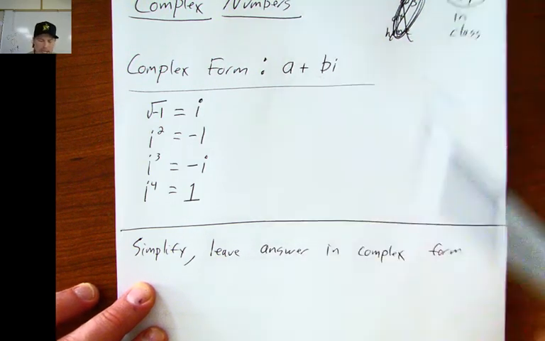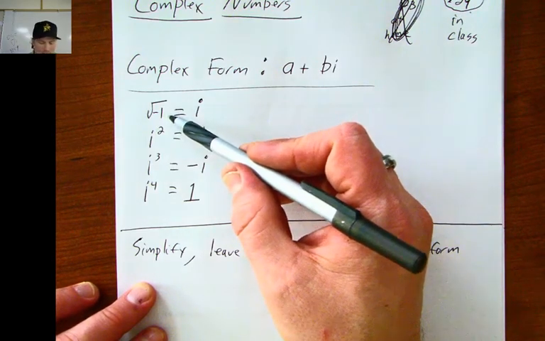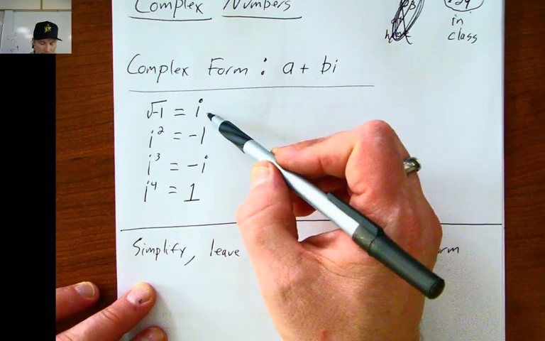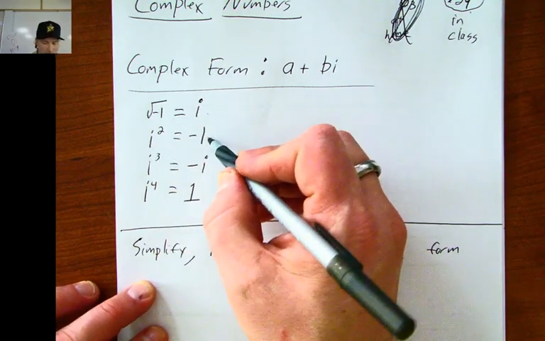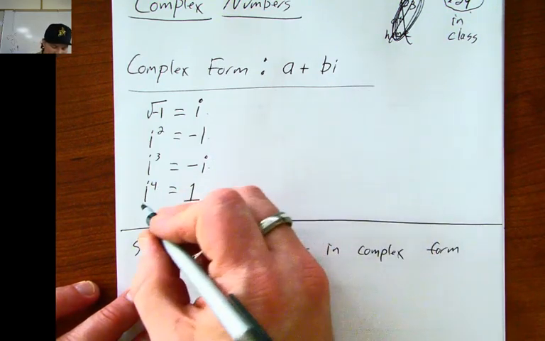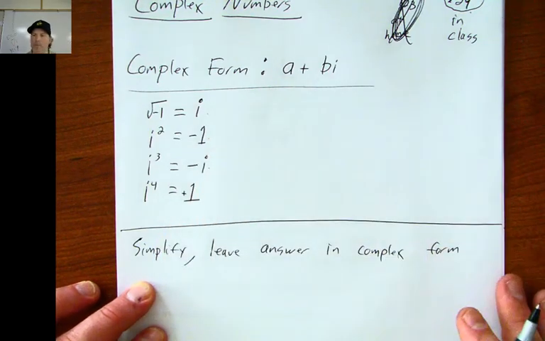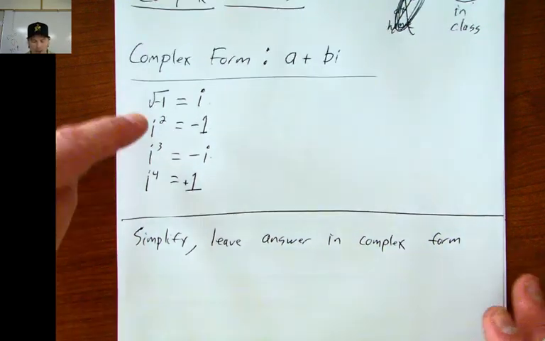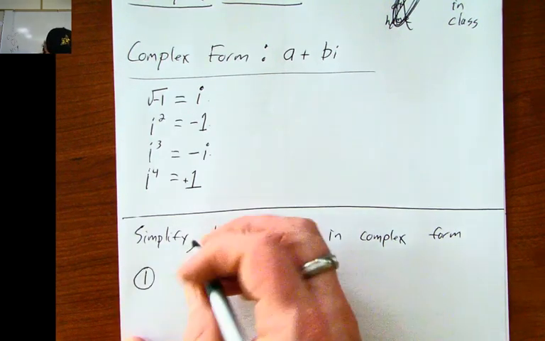You also need to know that, as we talked about on Monday, the square root of -1 is equal to i, but because of that, i squared equals -1, i cubed equals -i, and then that means i to the 4 actually equals +1. And you need to know this in order to pull off this first example.